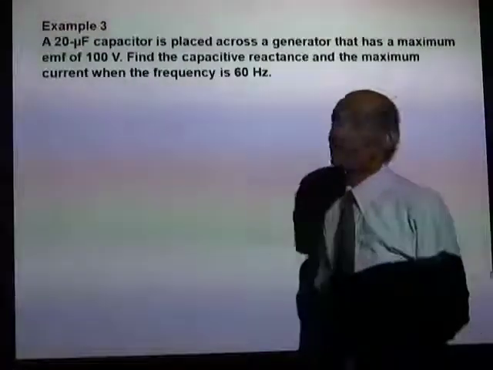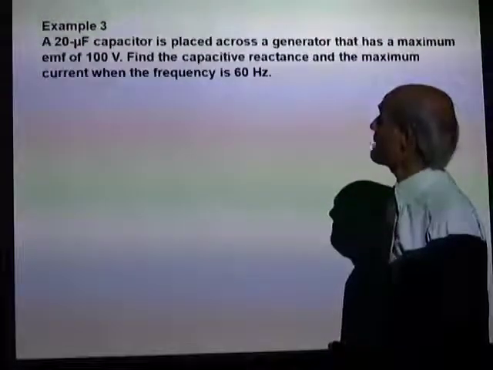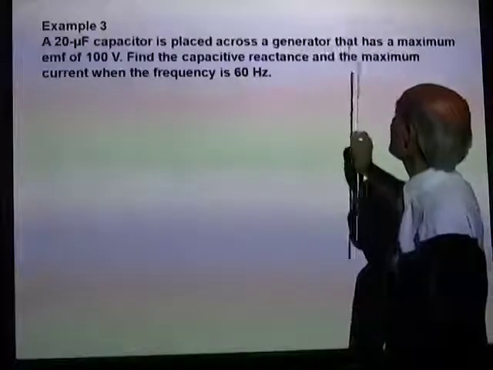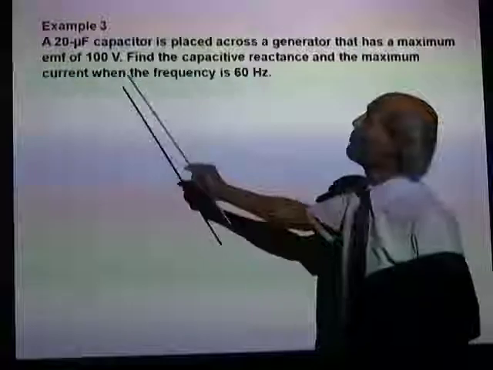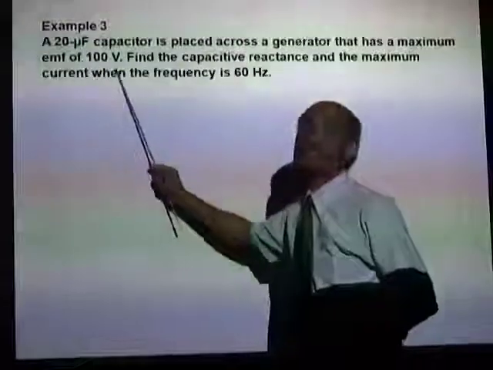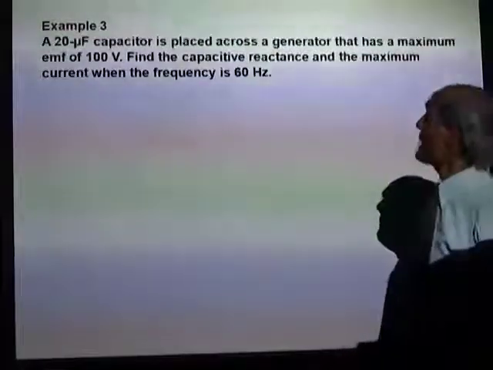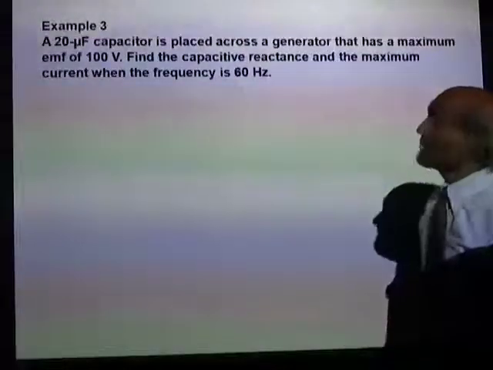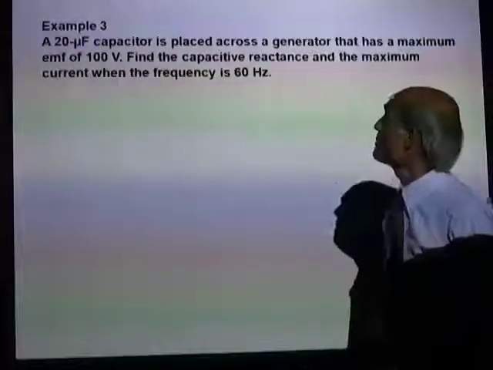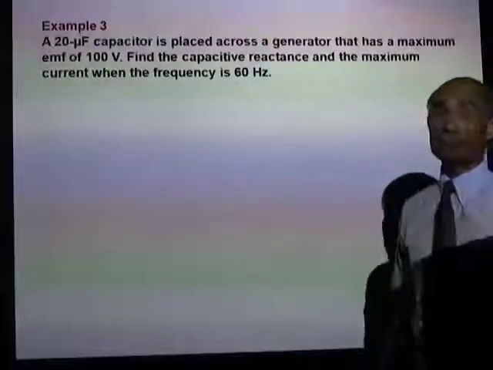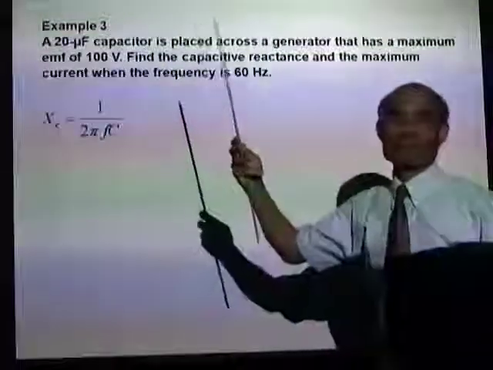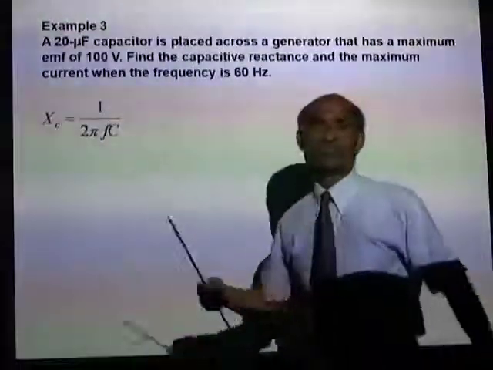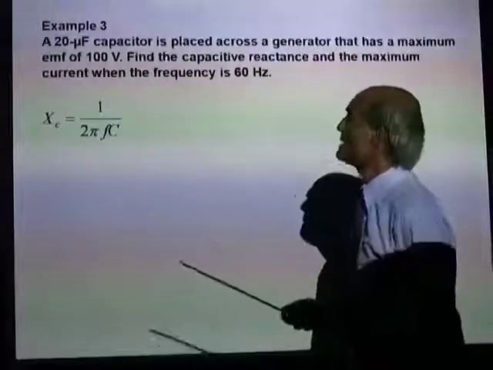Another example. A 20 microfarad capacitor is placed across a generator that has a maximum EMF of 100 volts. That is the Emax. Find the capacitive reactance and the maximum current when the frequency is 60 Hz. We'll always start by picking the data and then, of course, looking at the relevant equation.